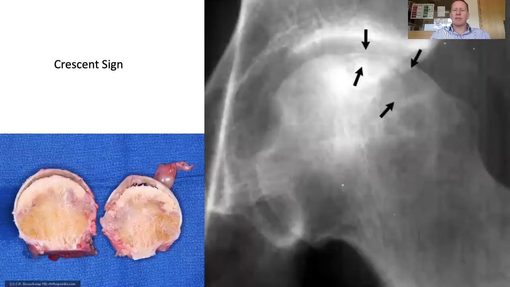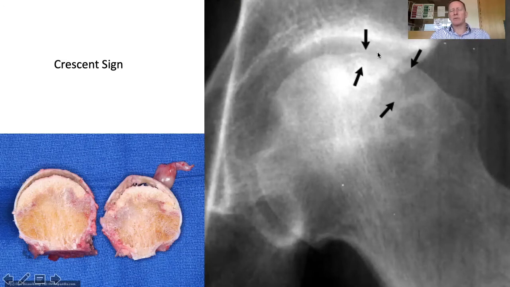Next is the crescent sign. This is when you get an area of subchondral collapse, so that the periphery of the femoral head, and particularly the cartilage, which of course you can't see on an X-ray, but that will be normal. But underneath, the subchondral bone, which is dead, is starting to collapse away, and it gives you this double shadow. That is an absolutely textbook crescent sign.